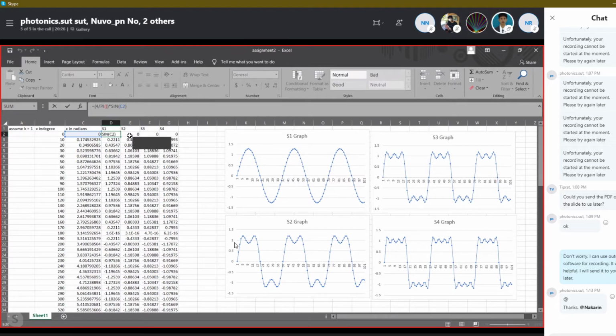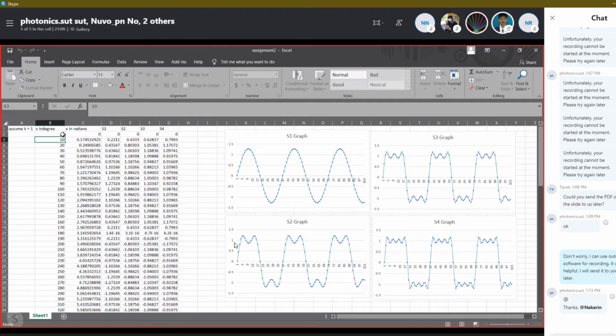For S2 I use sine of C2 plus 1 over 3 sine 3 times C2, where C2 is the angle. And for S3 I use this, and the last is S4.